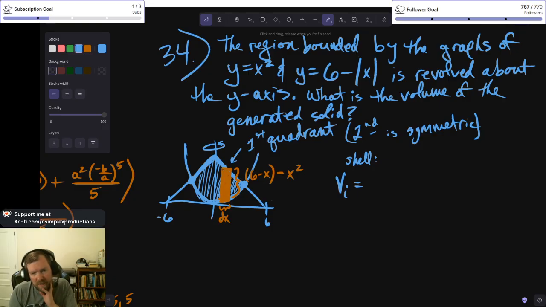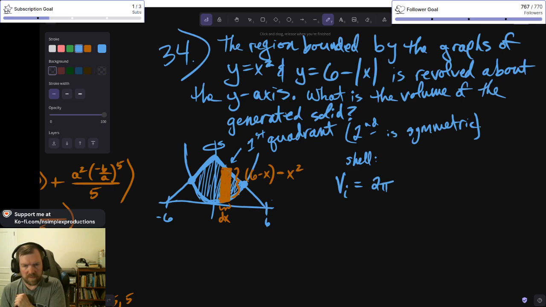V sub i, the volume, is going to be the circumference of this object going all the way around times the thickness dx.